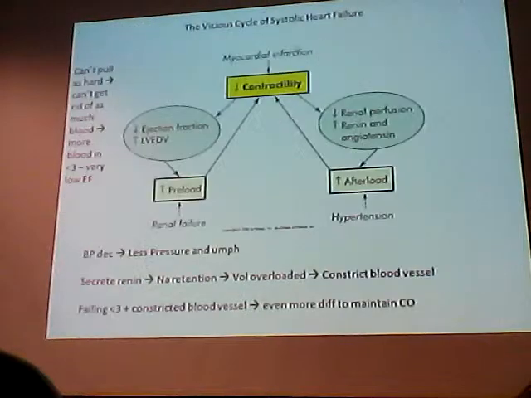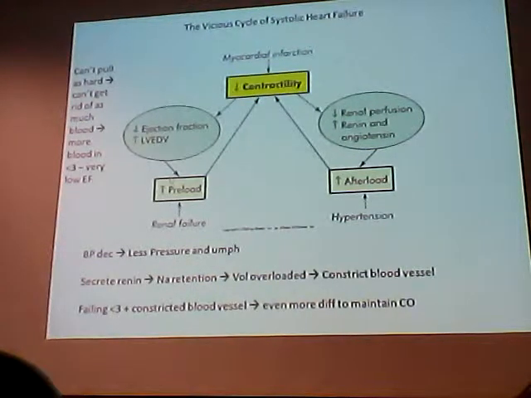Next we have the vicious cycle of systolic heart failure. So if you have a heart attack, the heart can't pump. It's not as contractile anymore. So you can't contract and you can't eject as easily. Your ejection fraction decreases, and so you have more blood left over in your heart.